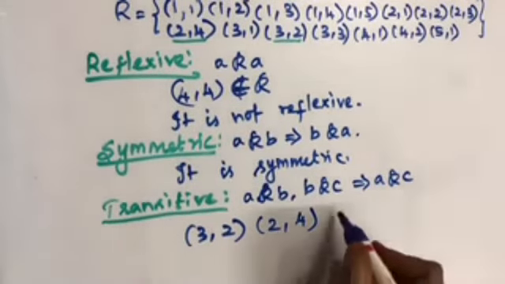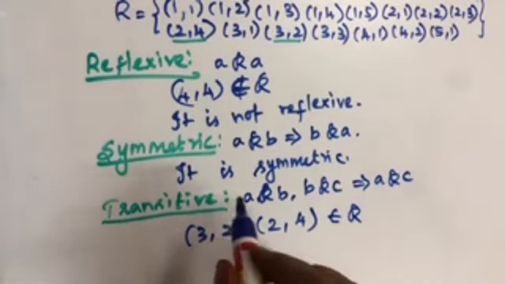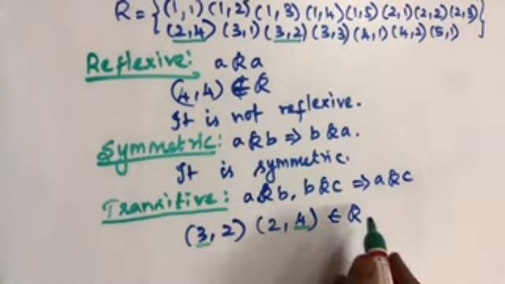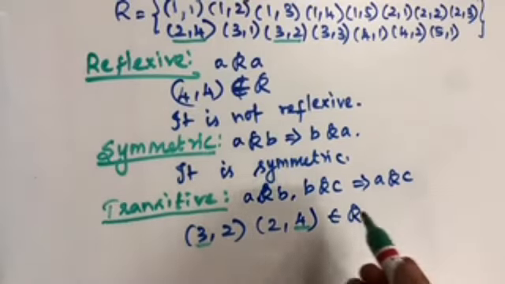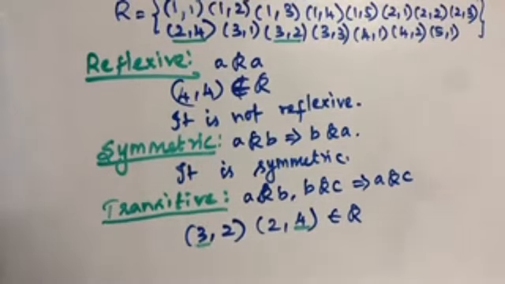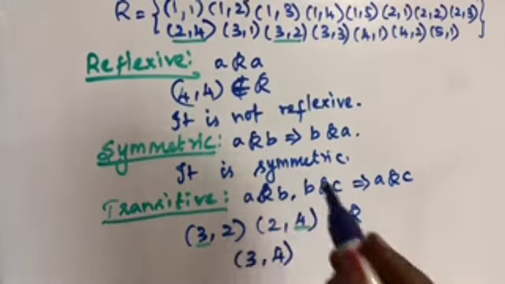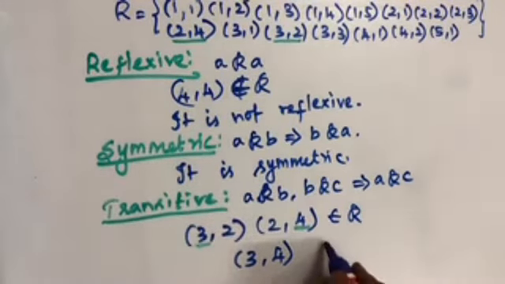These two elements belong to R. Okay, but by the condition of transitive, 3 comma 4 also should belong to R, right? 3 comma 2, 2 comma 4 belong to R, means if 3 comma 4 is also there in R, then we can say it is transitive. But here 3 comma 4 does not belong to R.